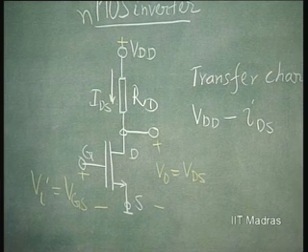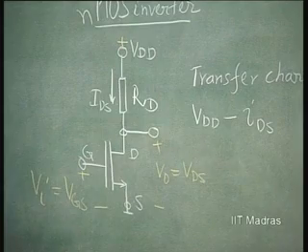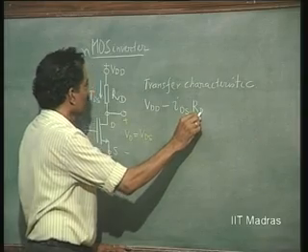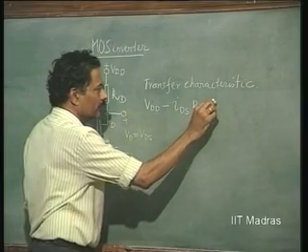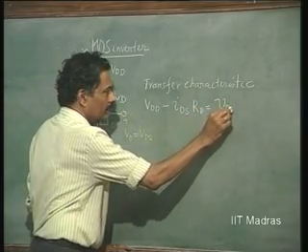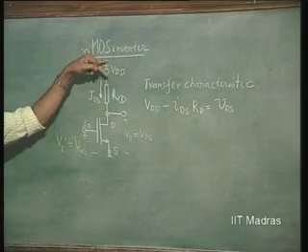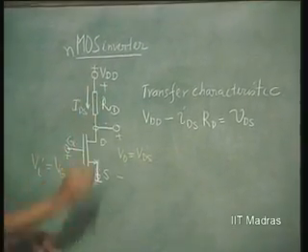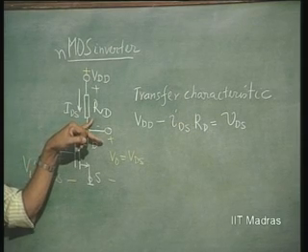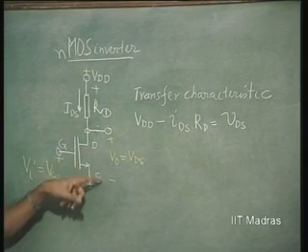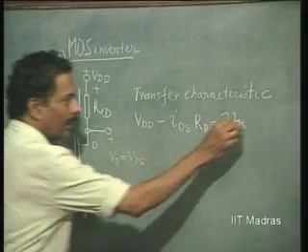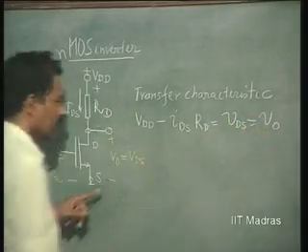It is time varying, it will contain DC as well as AC, IDS into RD equal to VDS, VDD minus the drop here, which is IDS into RD, is the voltage which is VDS, which we will be calling as output voltage.